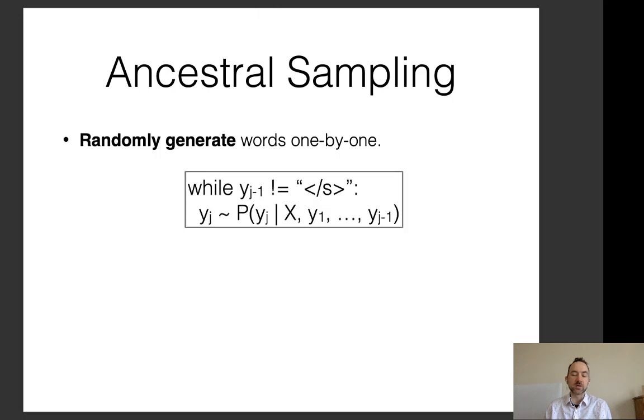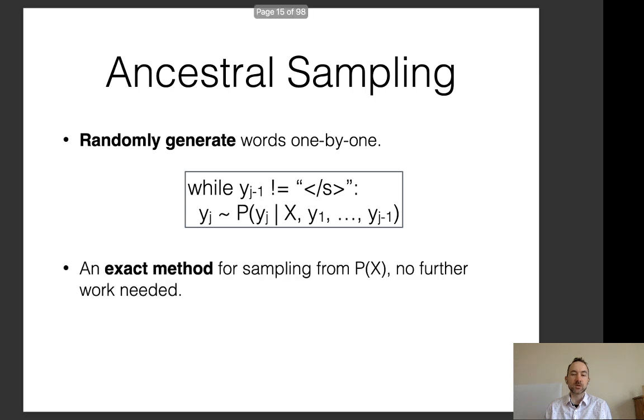Basically, we have our input, and we calculate the probability of the next word given the input and all of the previous words. Until we reach the end of sentence symbol, we just randomly sample a word according to this conditional probability. This is an exact method for sampling from P of y given x, and because of this, no further work is needed. This is the best possible algorithm we can use for performing the sampling in an unbiased fashion according to the probability distribution.